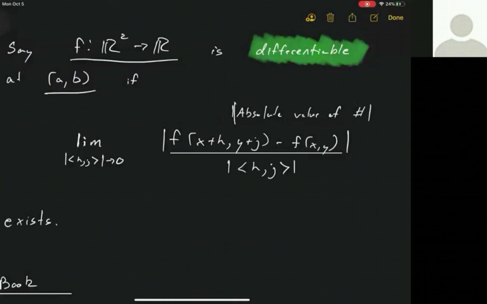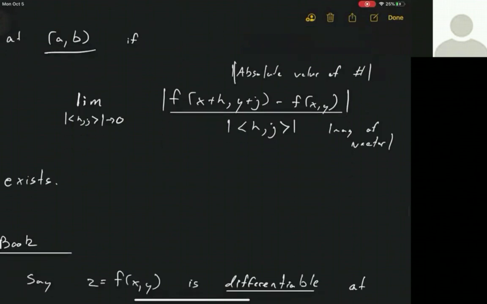What is this bottom? Well, this (h, j) is a vector, so the bottom is the magnitude of a vector, which, once I take the magnitude, just becomes a number. So what is this saying? This is a way of dealing with the problem of direction of approach.